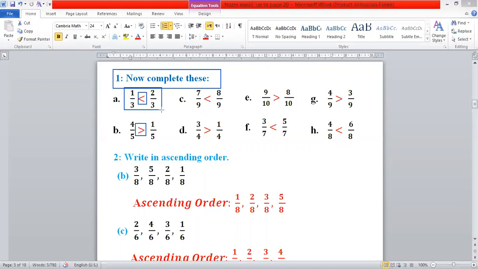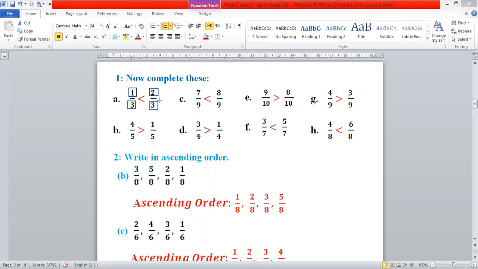These are like fractions. Whenever we want to compare two fractions, first of all, we will check denominators. When denominators are the same, it means they are like fractions. After that, we will go to numerators. Here the numerator is 1, here the numerator is 2.